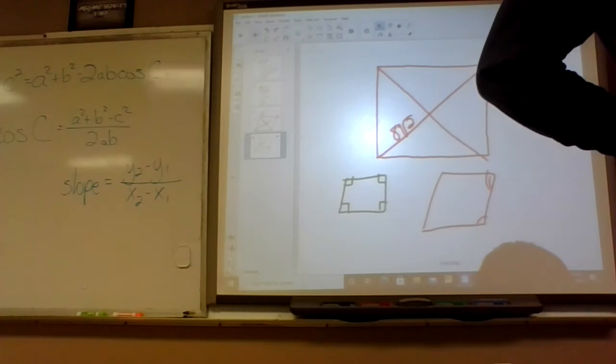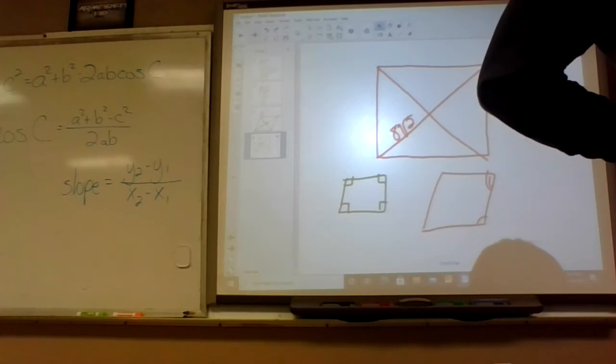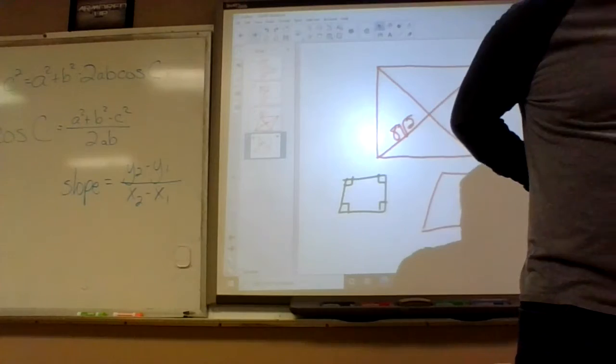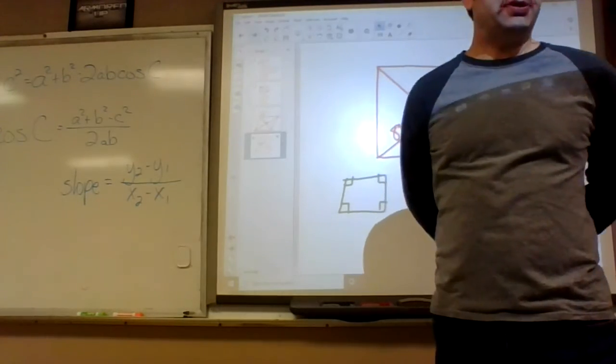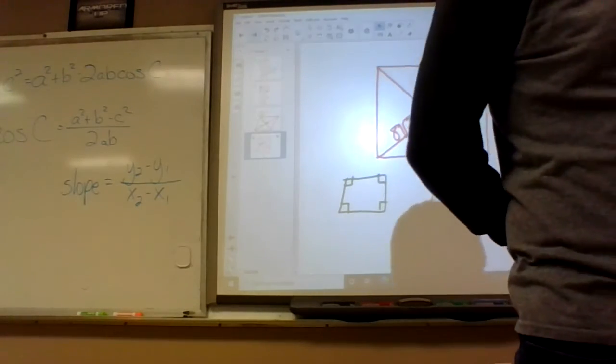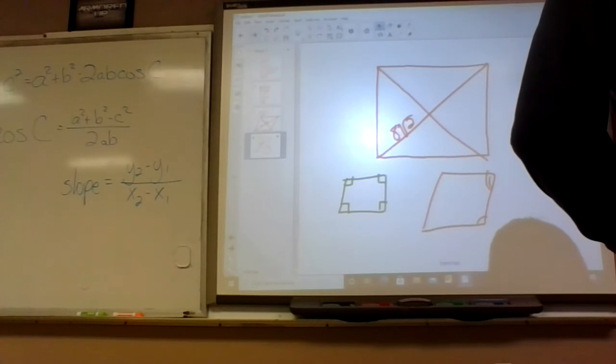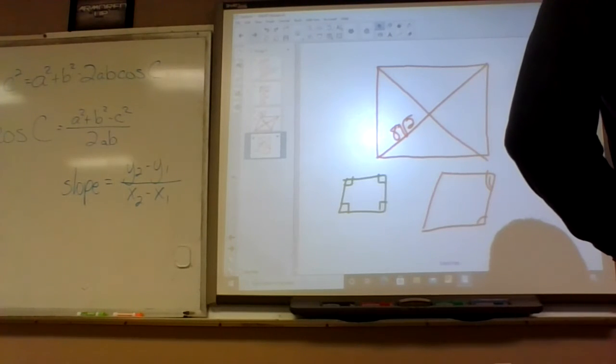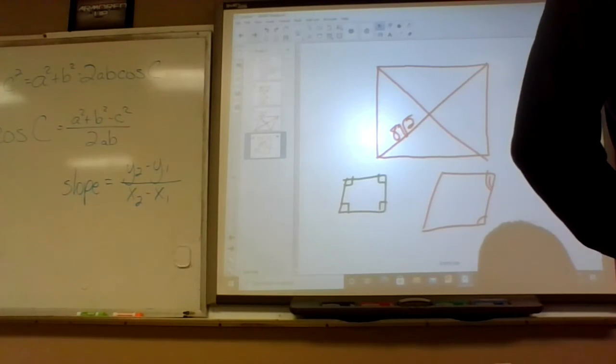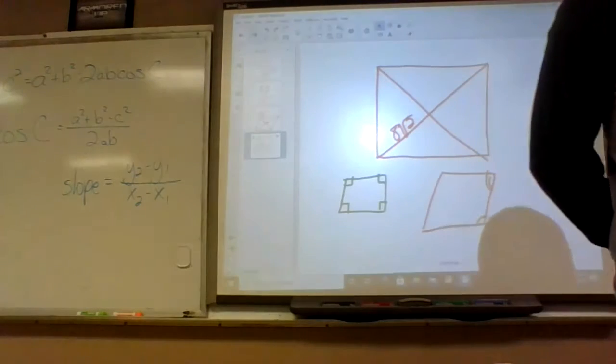So 21, this is a rectangle. So what do we know about rectangles? The diagonals are congruent to each other, not just bisect. So if QS is 7x, what is PR? How are QS and PR related to each other? They're the same.